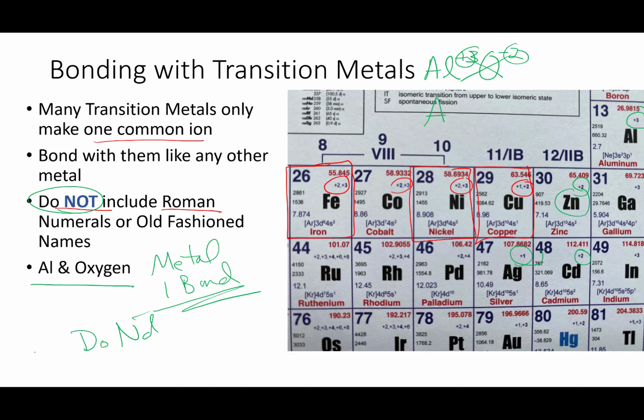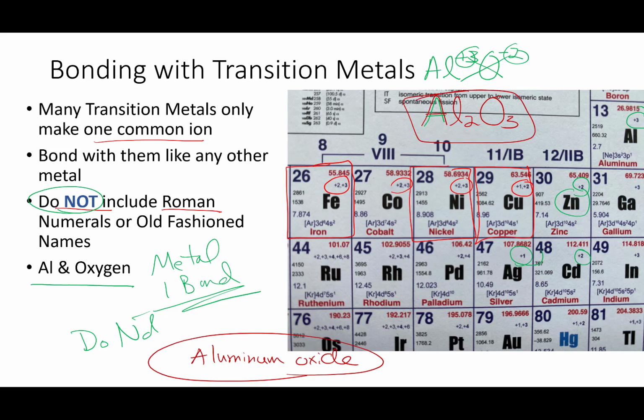Or that green, can you? This would be Al2O3, and the name would be aluminum oxide. No Roman numerals, no ions, no ics and ous's, just straight. So you only use those extra Roman numerals or the names if you're dealing with one of these that has more than one common ion.